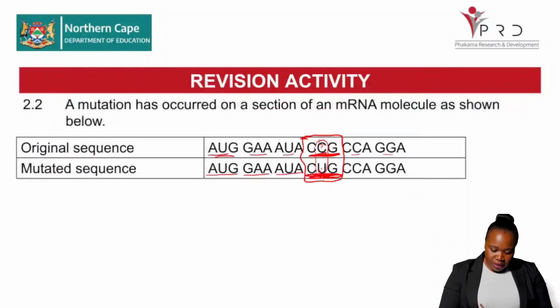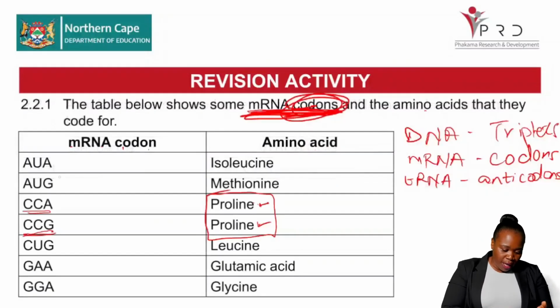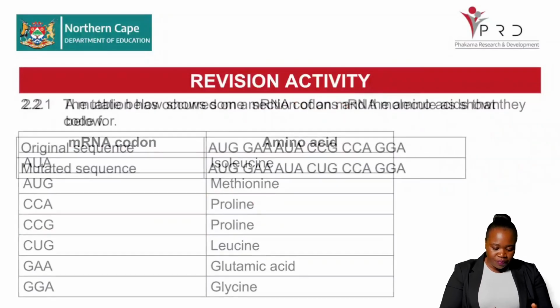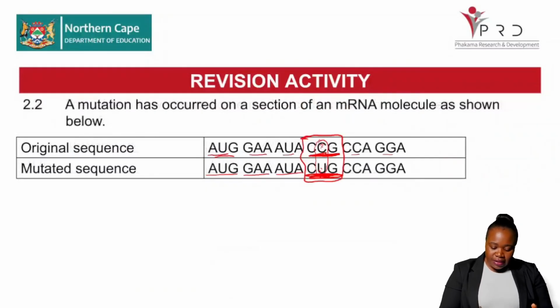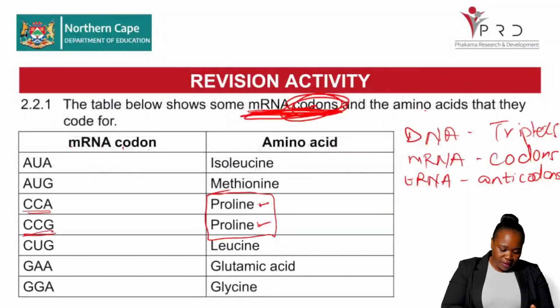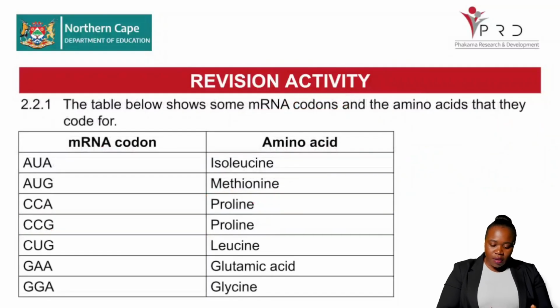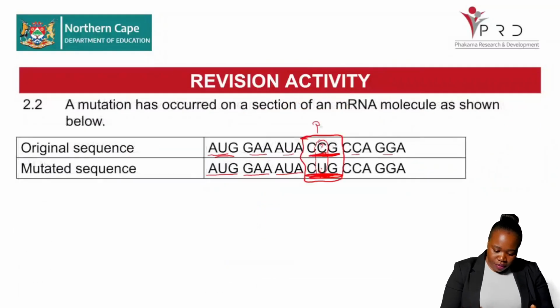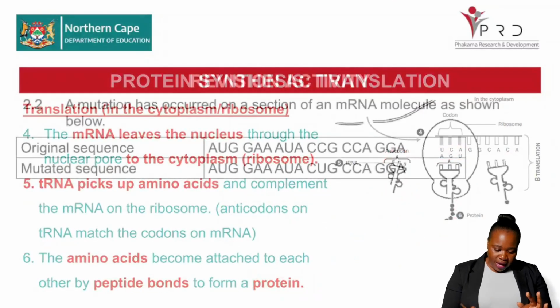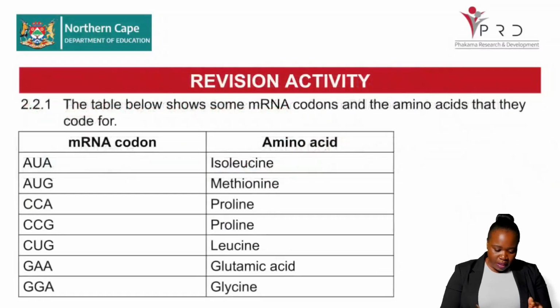The next one was AUA. We have AUA, which is isoleucine, right? And then CCG. What does CCG give us? CCG gives us proline, right? Proline here. And then glutamic acid here. And then what does it give us here? CCA.